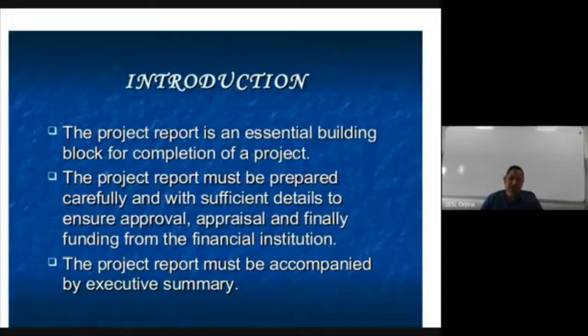So it's a complex and comprehensive detail about a proposed project. The project report must be accompanied with an executive summary. I'll discuss what an executive summary is later on.